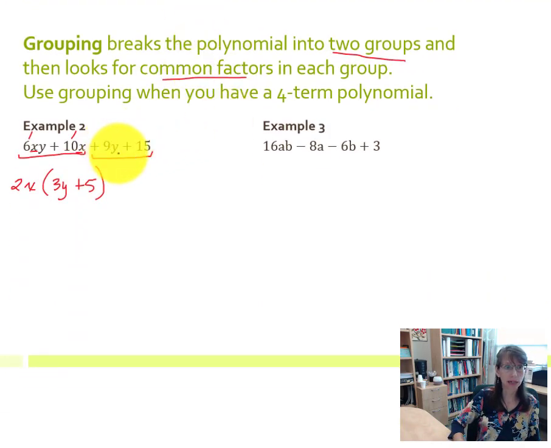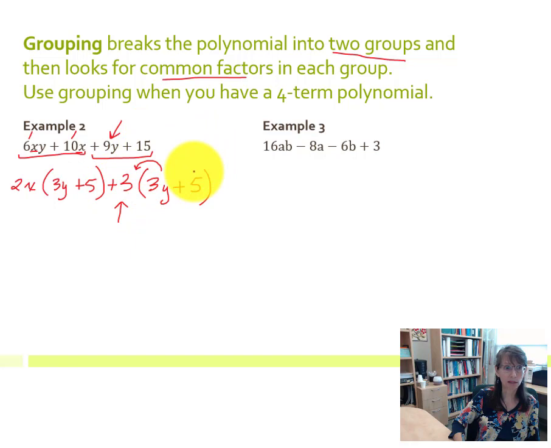When I factor 9y plus 15, I should end up with a quantity of 3y plus 5. So all we have to do is fill in this gap with the common factor. So when I multiply 3y times something, I need to match 9y. So it looks like positive 3 was the missing factor.